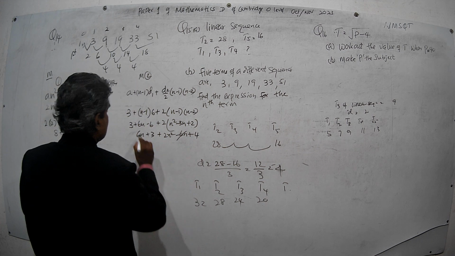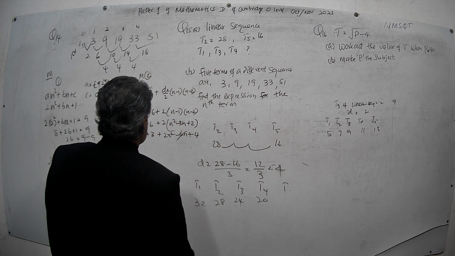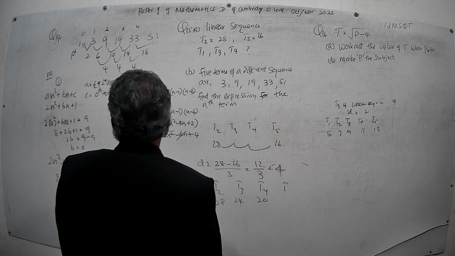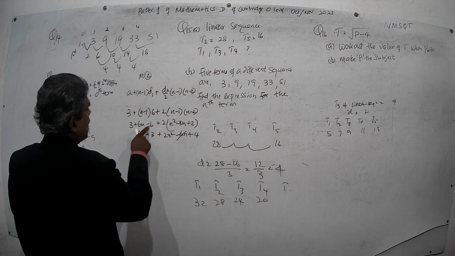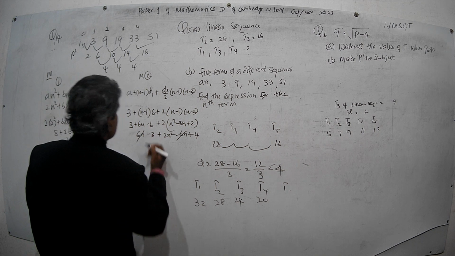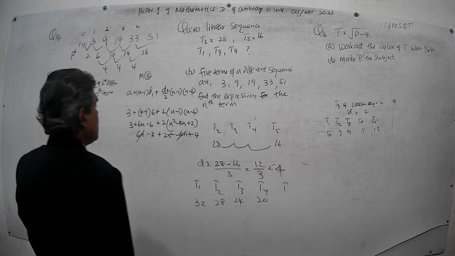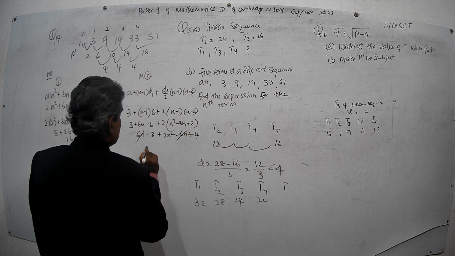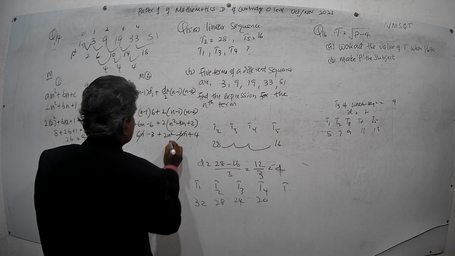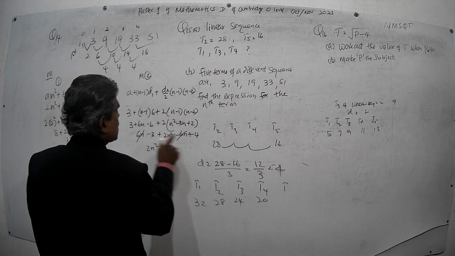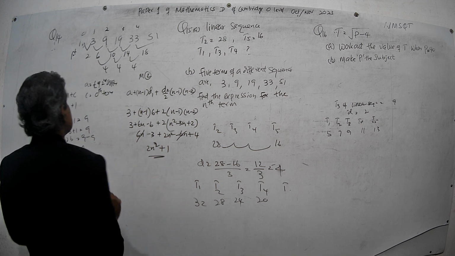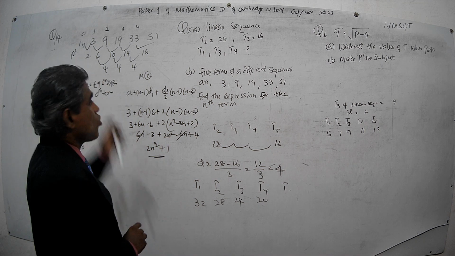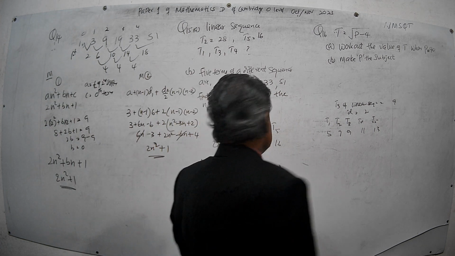This cancels. Here 3 minus 6 is minus 3, sorry, minus 6, then 2n squared, minus 3 plus 4 plus 1. Right, it is the same thing. That is the nth term.